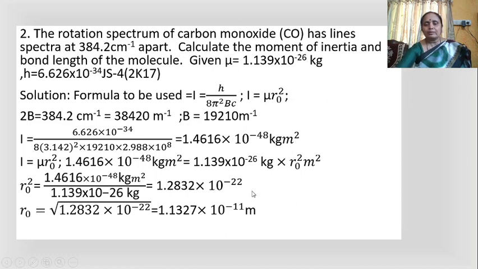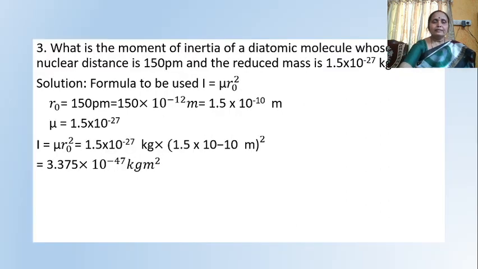Here meter square will be there. When I take the square root of it, I will be getting the value as 1.1327 into 10 raised to minus 11 meter. So this is how I go on to determine the value of moment of inertia and the bond length.